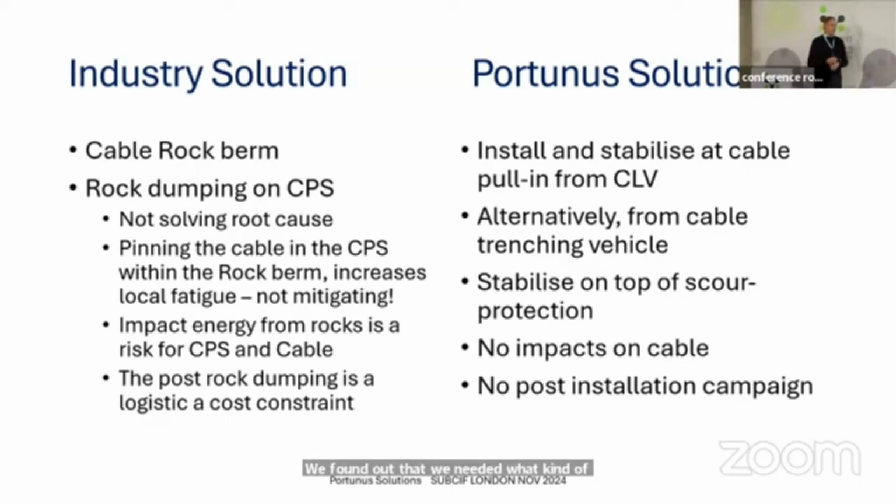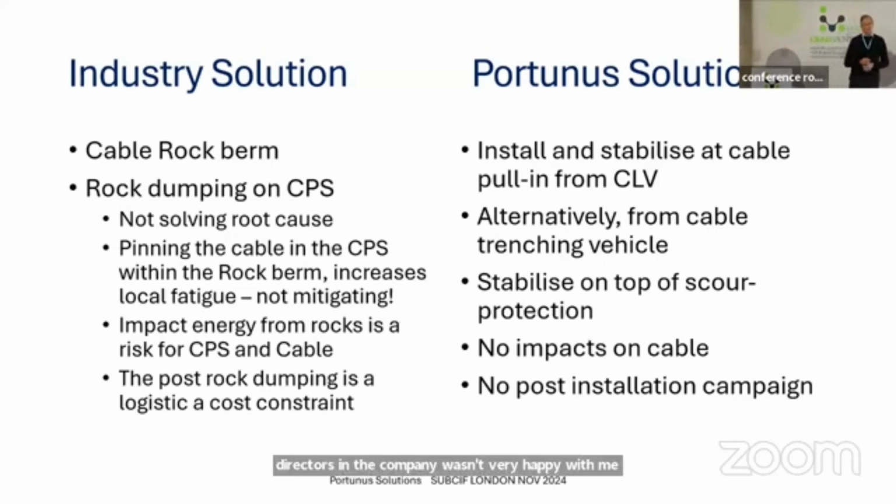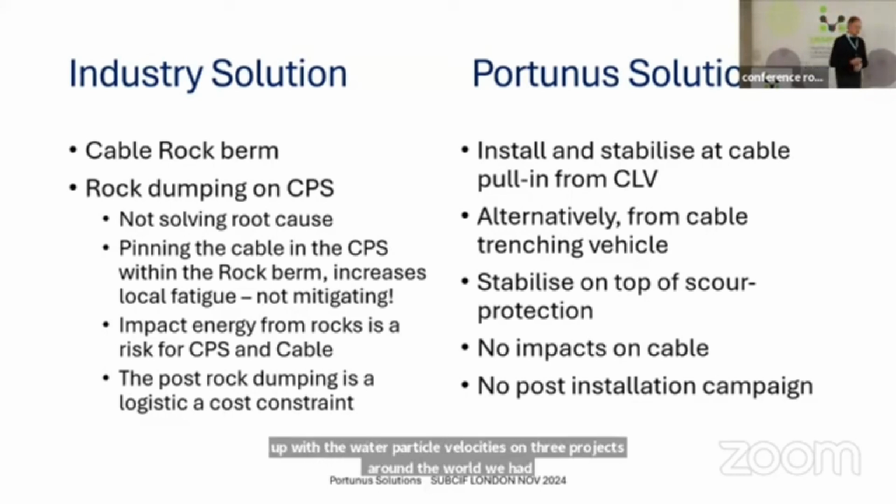We found out what kind of forces we needed. The directors in the company weren't very happy with me when I did a survey and used some of the resources we had in the company. I did some CFD surveys on 3 different projects, came up with the water particle velocities on 3 projects around the world, and came up with some pretty troubling numbers.